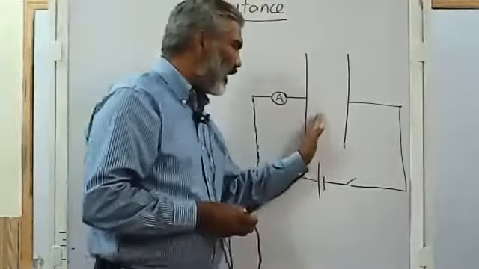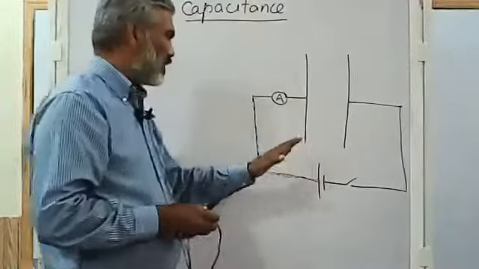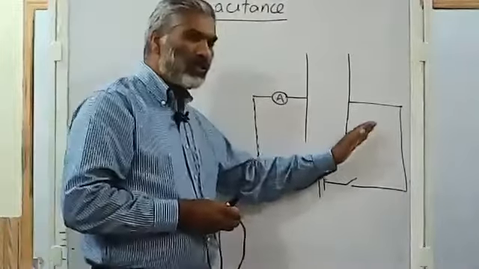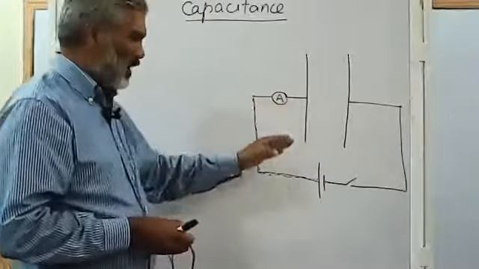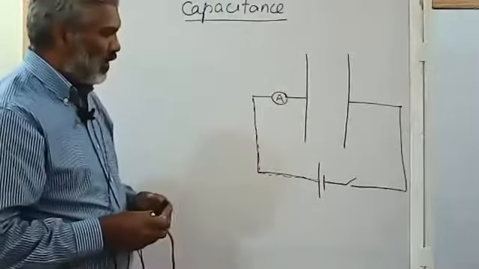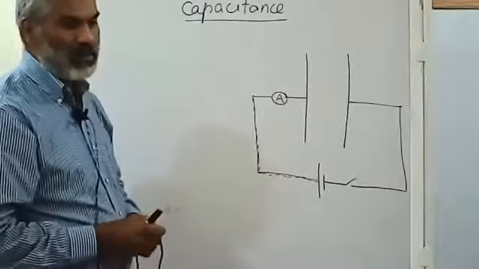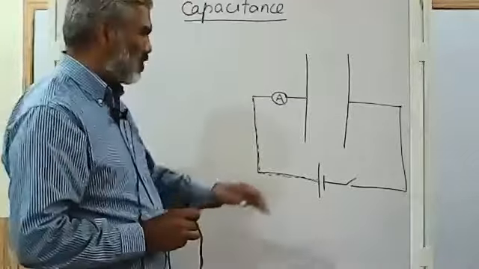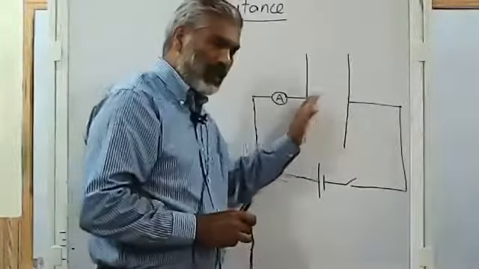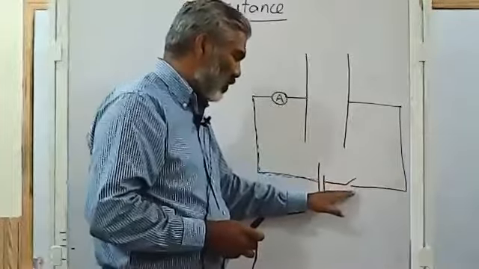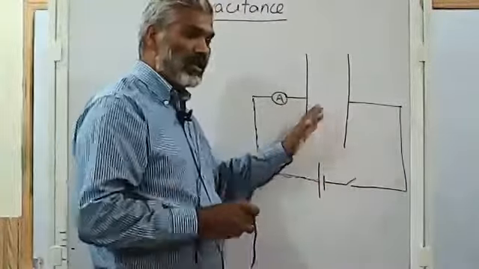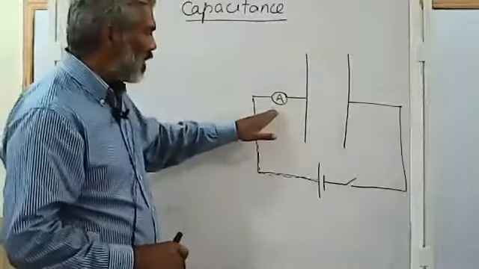Although there is a gap, there is no connection between these two plates, but there is some current that flows in the circuit. So this is a bit of surprise because in the open circuit, there is no current possible. So with this switch closed, although the circuit is still open, some current flows.